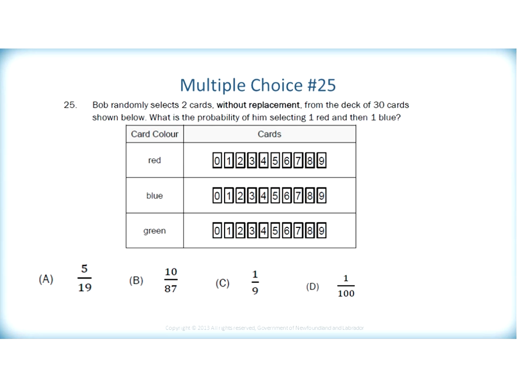Bob randomly selects 2 cards without replacement from a deck of 30 cards shown below. What is the probability of him selecting a red and then a blue? If he's selecting cards without replacement, that implies dependent events.